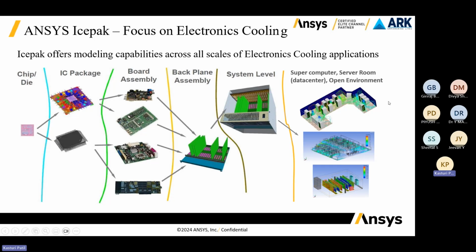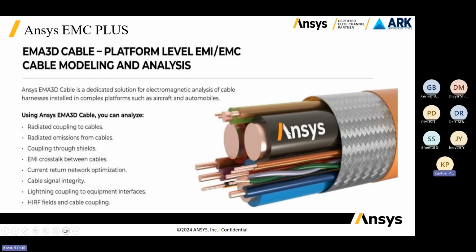Suppose we want to check how much heat or temperature is generated in a particular server room or supercomputer room, we can see it in Icepak. So this is one of the important tools we use for thermal management.